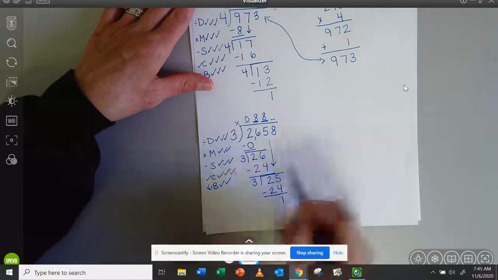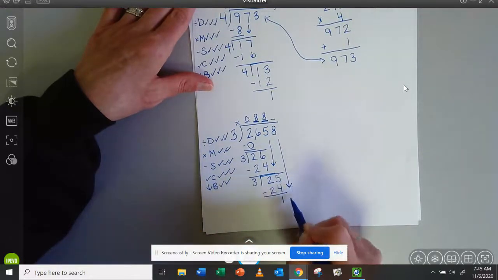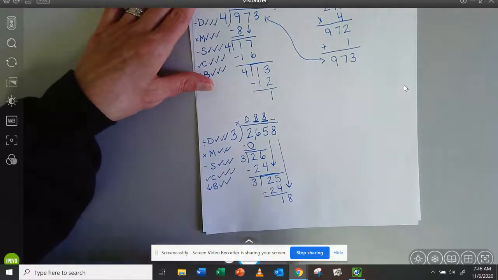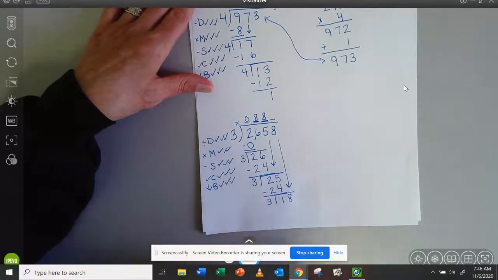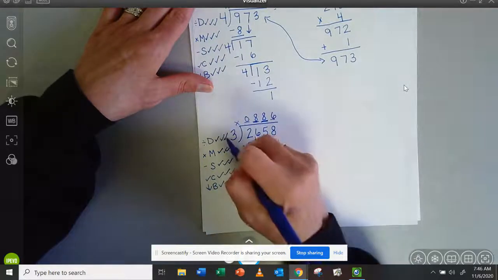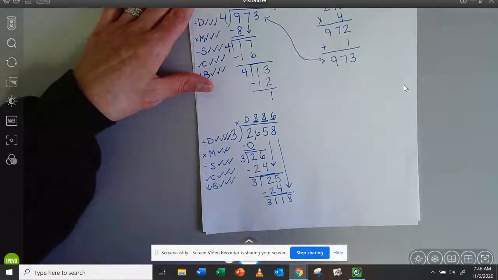So I'm going to bring down the 8. And now I'm going to make a new house. 18 divided by 3. 18 divided by 3 is 6. My number went on a dash.